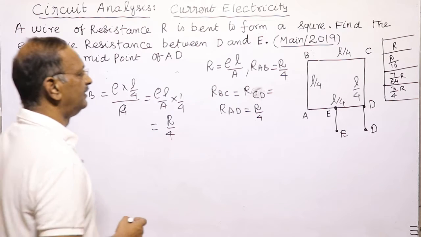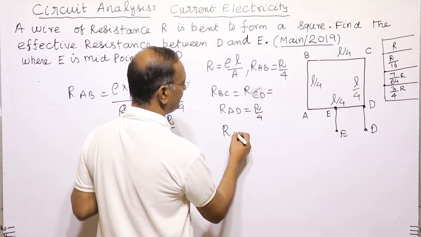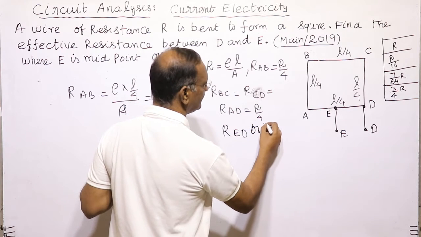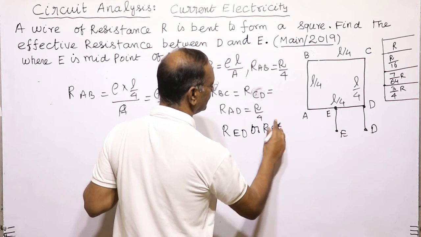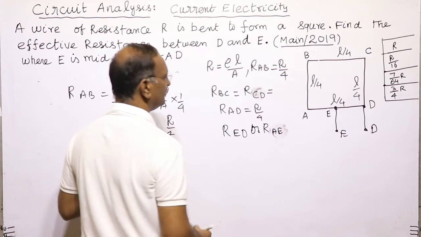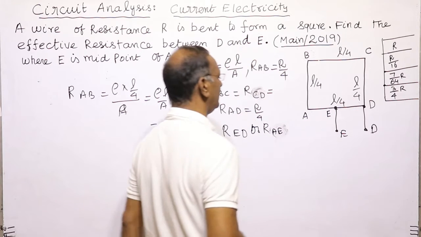Now this is the midpoint of AD. Midpoint means the resistance between AE: because this side is L by 4, at the midpoint this will be L by 8 and this will be L by 8.